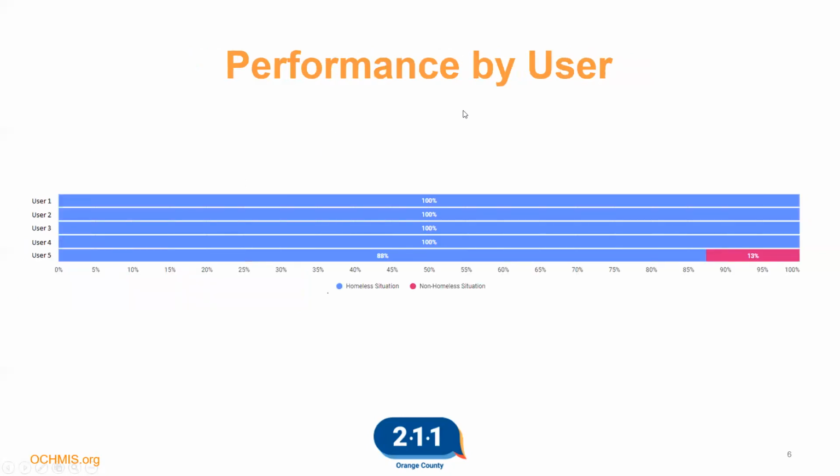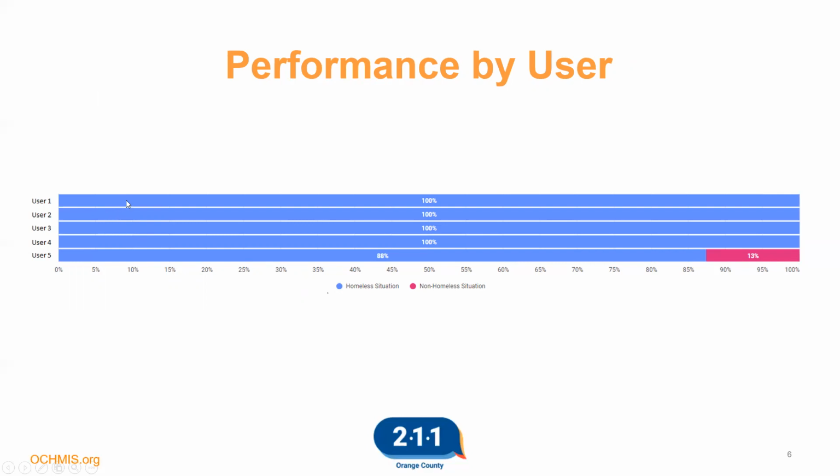And then I think this was my last one. So this is looking at performance by users. So this is very similar to the project performance reports that we already do for each project. But instead of looking at a project as a whole, it is divided by user. So each user is a bar on this visual.